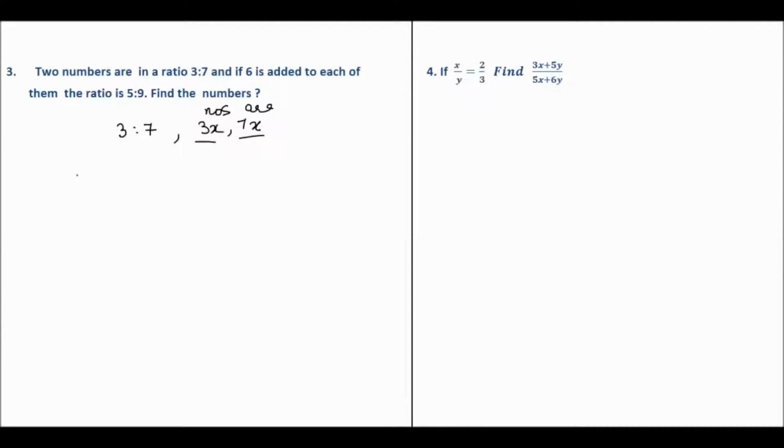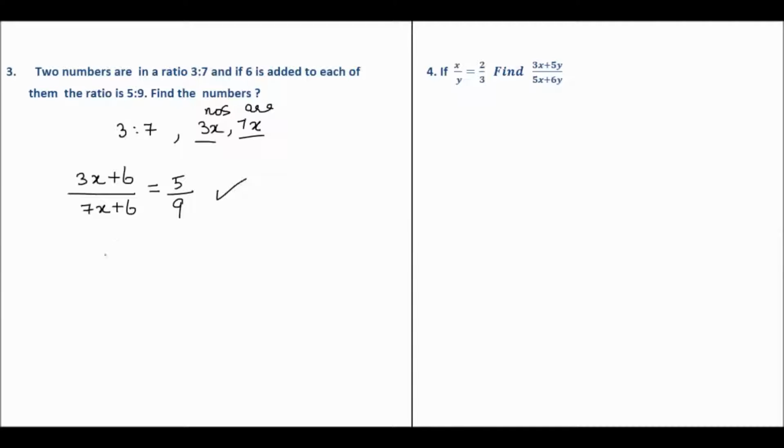Now, by the given question, if each term is added 6, the ratio becomes 5:9. Understood? We don't know the numbers 3x and 7x, but if each number is added 6, the ratio becomes 5:9.